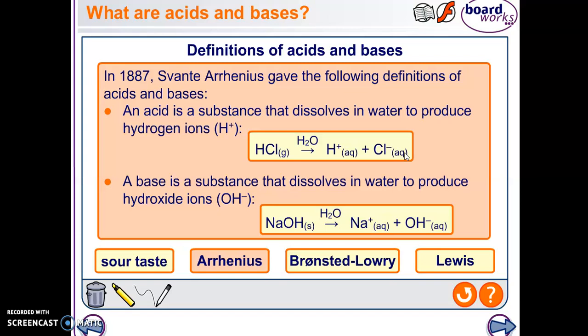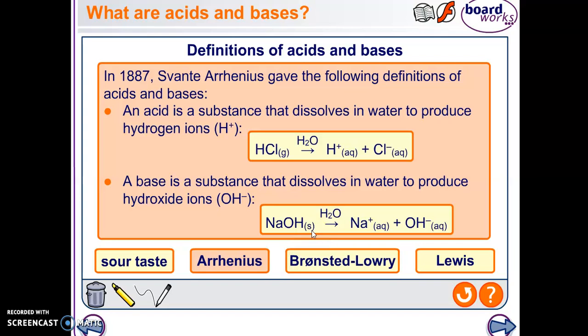In the same way, if we talk about any base, then on the basis of Arrhenius theory, we can say that a base is a substance which on dissolving in water produces hydroxide ions, OH minus ions. For example, here you can see sodium hydroxide.